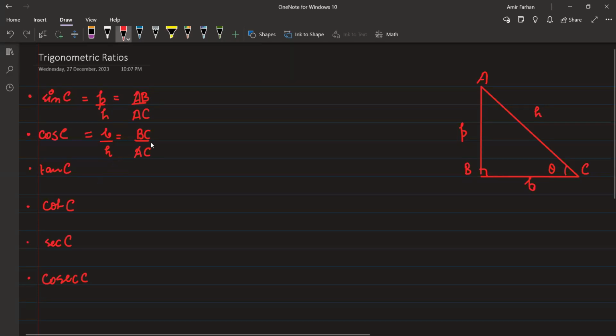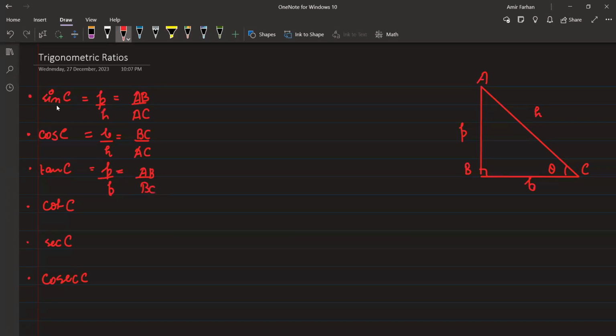Okay. So the next ratio is basically, the ratio of sine and cos will give you the tan. There are two methods. First one is the similar one, P upon B, the perpendicular and base, will give you the ratio of tan, which is equal to AB by BC, yes or no?